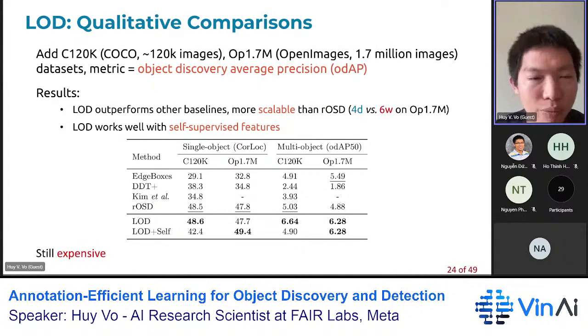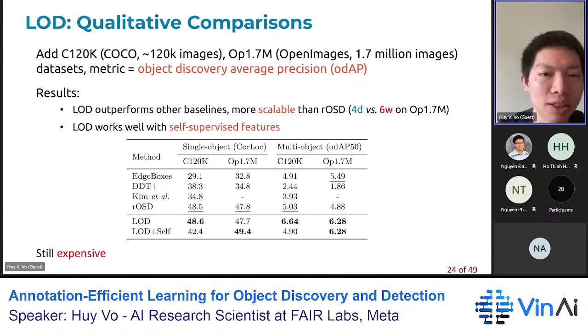We conducted experiments to test our method on large datasets. The first is COCO with 120,000 images. The second is Open Images with 1.7 million images. And apart from the CorLoc metric that I discussed previously, here for the multi-object discovery setting, we consider the object discovery average precision, which is akin to the average precision metric used in object detection, but adapted to our use case.